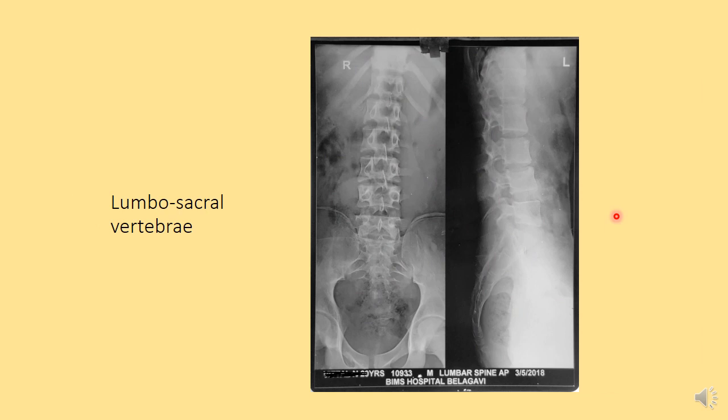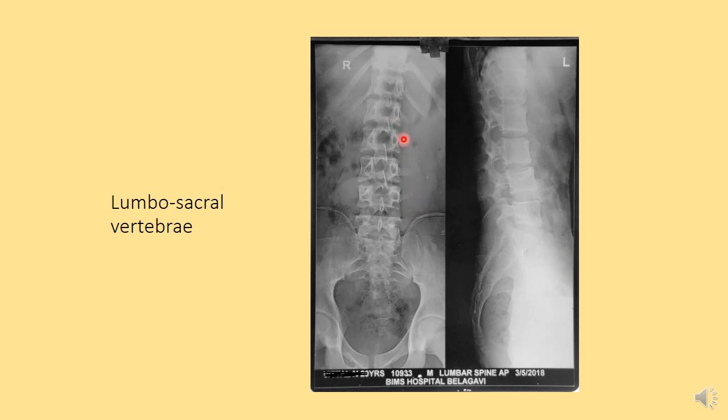This is one more radiograph of the lumbosacral region, both AP and lateral view. This is the AP view, this is the right side, and this is the left lateral view, left lateral because they have marked it L. Again, you can see this is L1 because this is the 12th rib, T12, 2, 3, 4, 5, and this is the sacrum. Gas shadows you can see.